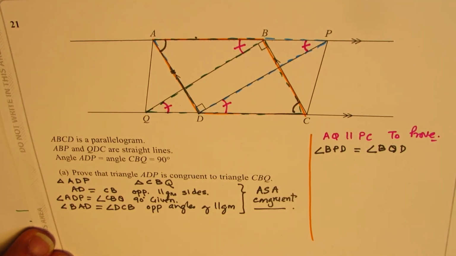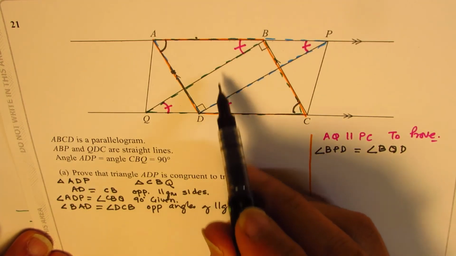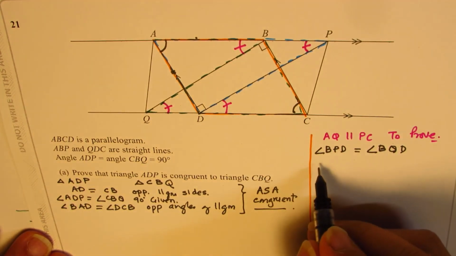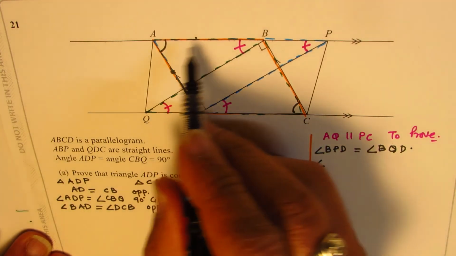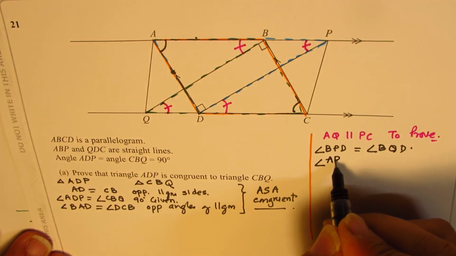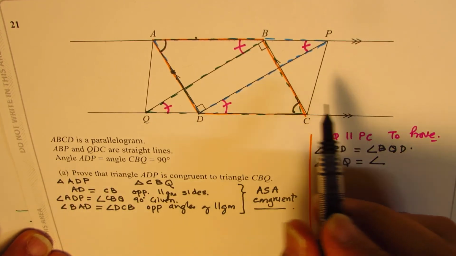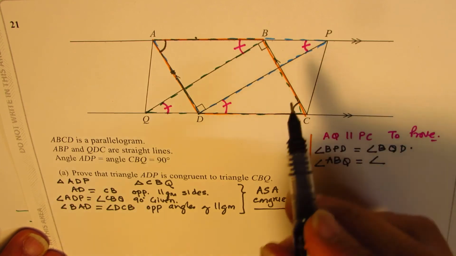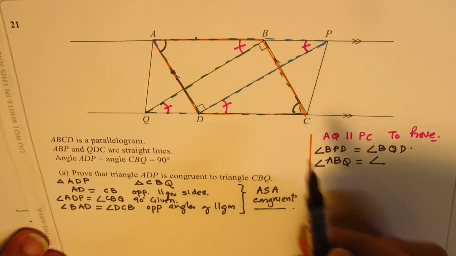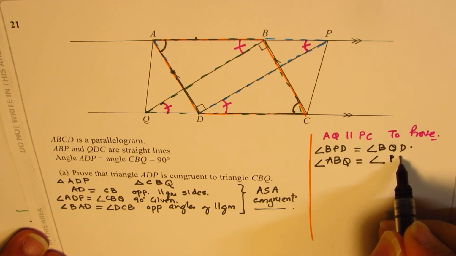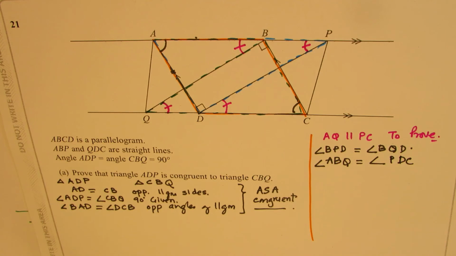Clear? So these two angles are also equal, right? So we also have this to be equal, and we also know that angle ABQ is equal to angle PDC. So basically all these four angles are equal, congruent. Clear?